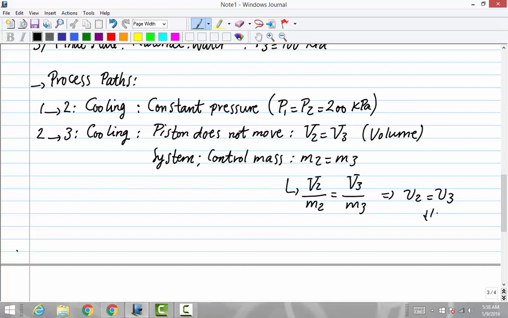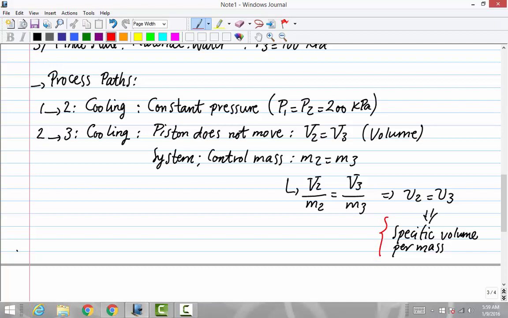These are volume per mass. Why do I care about specific volume per mass?